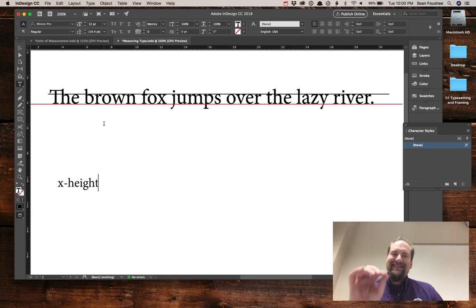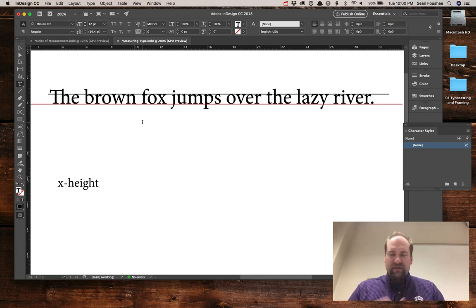So the X height is not exactly the measurement of the height of the lowercase letters, but it certainly does measure the height of the lowercase x, which a lot of the lowercase letters use as a reference. But the X height is important, and we measure the X height starting from the baseline.